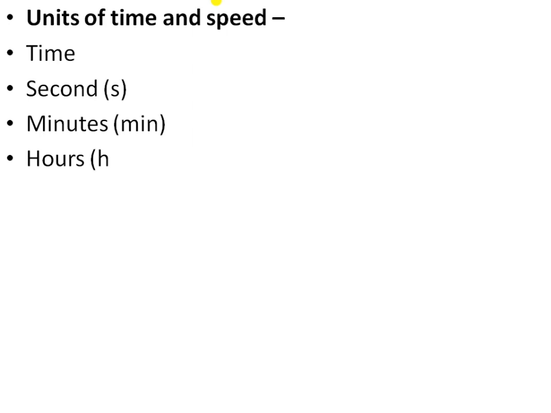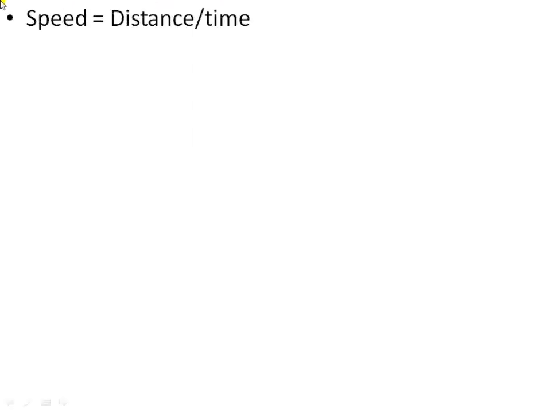Okay, next is about the unit of speed. So the standard unit or the SI unit of speed is meter per second. Speed can also be expressed as kilometer per hour if an object covers a large distance over a number of hours. This meter per second is the SI unit of average speed.